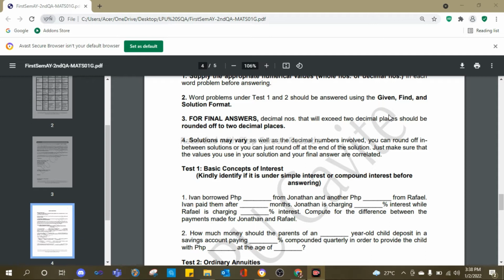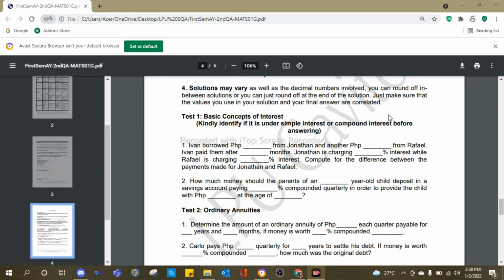Test 1, basic concepts of interest. You will identify if it is under simple interest or compound interest for answering. I choose number 1. Ivan borrowed an amount from Jonathan and another amount from Raphael.